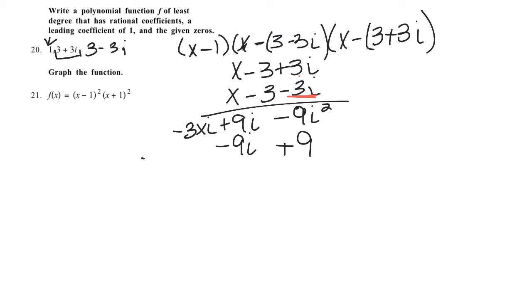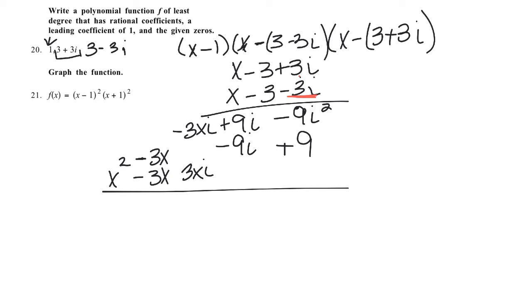Negative 3 times x is negative 3x. And then x times 3i is positive 3xi. And x times negative 3 is negative 3x. x times x, x squared. So in the end here, the 9i's cancel and the xi's cancel. So 3xi's. i squared equals negative 1.